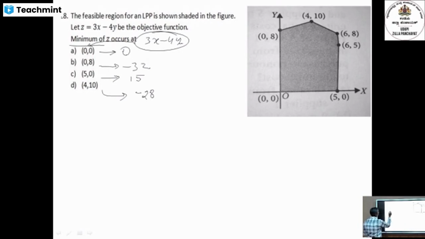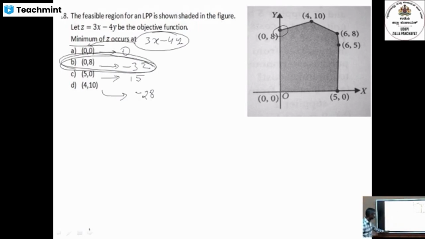Here the minimum is at (0, 8), minus 32. They haven't considered (6, 8). If you consider (6, 8), 18 minus 32 will be minus 14. That is not the minimum. (6, 5) is 18 minus 20, that is minus 2. That is also not the minimum. (5, 0) they have considered. So the minimum is at (0, 8). So this is the point of minimum. So option B is the correct answer.